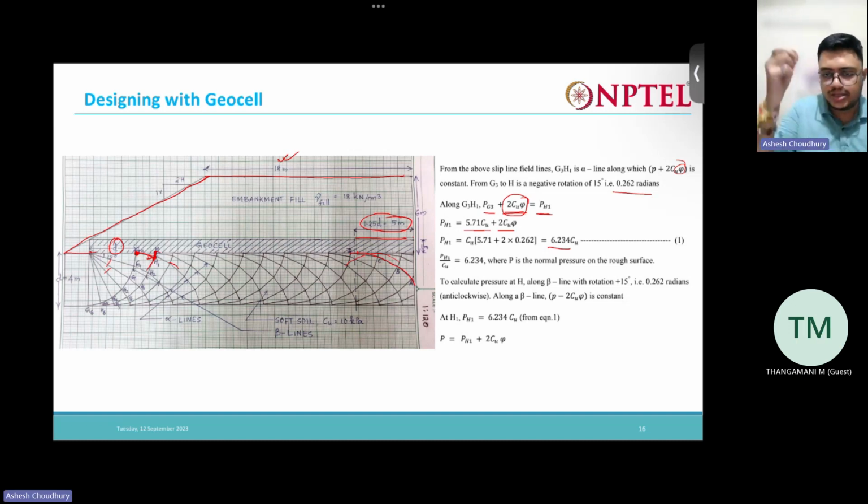Here again we have to take one more rotation. So P at H is equal to P at H1 plus 2Cu theta again: 6.234 Cu plus 2 into Cu into 0.262, again a 15-degree rotation.